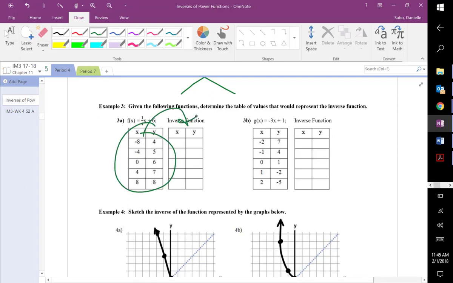Again, we switch the x and the y's, because that's what makes a function an inverse function of the original. I want you to do both of them. When you're done, and only with A, take a look and see if you got them right. All I did, again, was switch the x and y. That's how you create an inverse function.